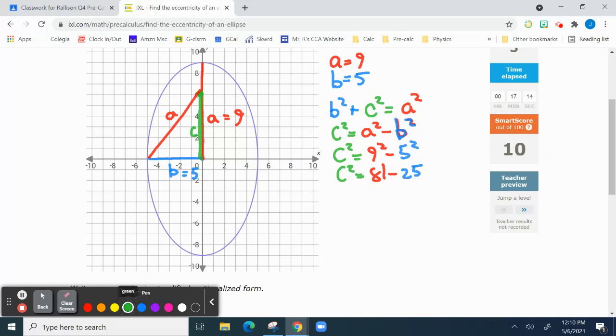So C squared equals 56, which means that C equals the square root of 56. And now we've got to figure out if that can be reduced. So let's see, is 56 divisible by 4?